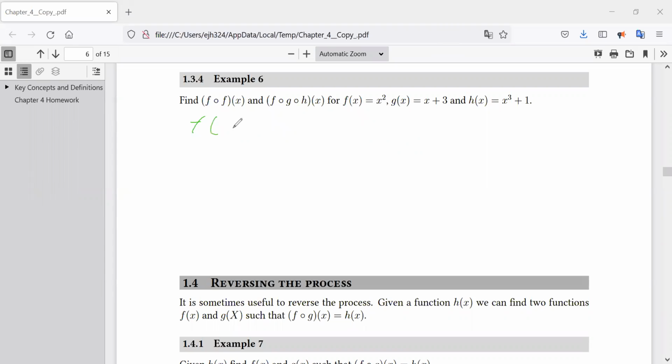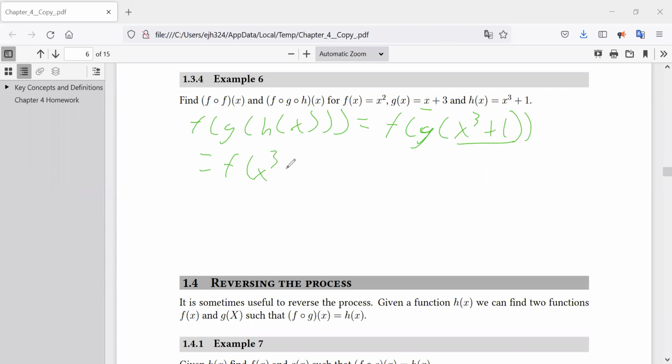So f of g of h of x is going to be equal to f of g of x cubed plus 1. That's going to be equal to, everywhere I see an x, I replace it with x cubed plus 1.